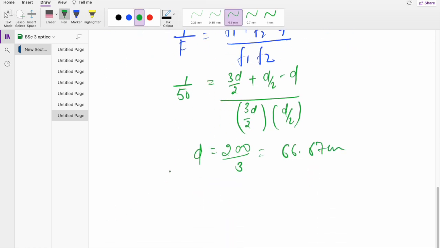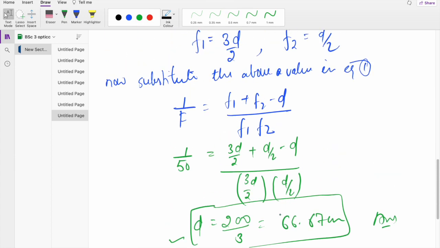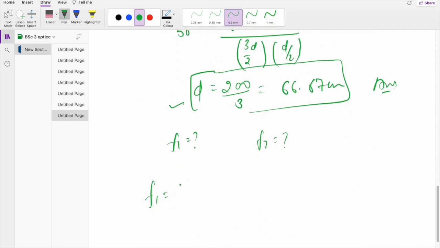Now we have to calculate f1 and f2. f1 is 3d upon 2. Substitute: 3 upon 2 times d, which is 66.67.